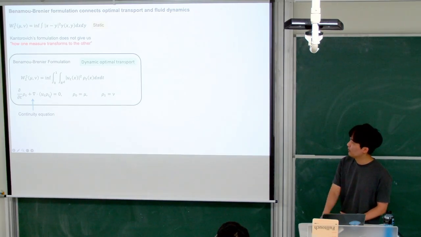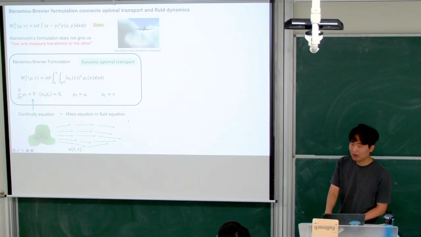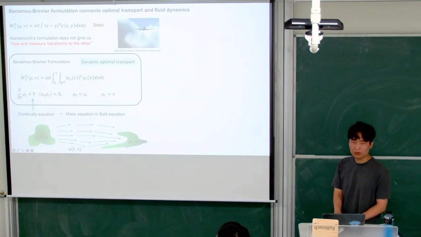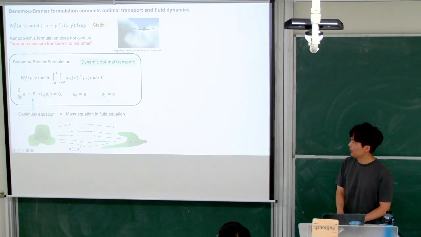This is a flow of measure. It means that from this initial measure, it flows with the velocity u to become the target. So boundary conditions rho 0 and rho 1 are fixed, and we have to choose some appropriate velocity.